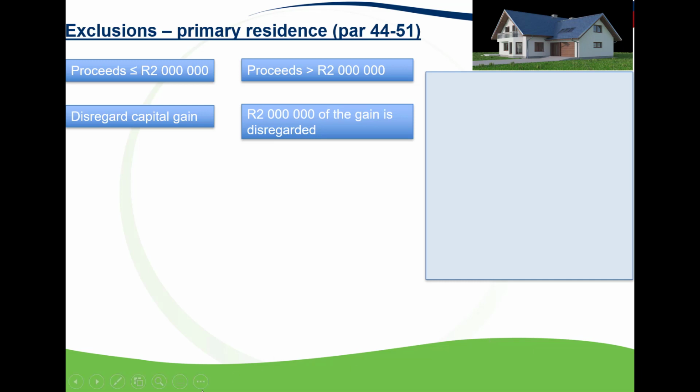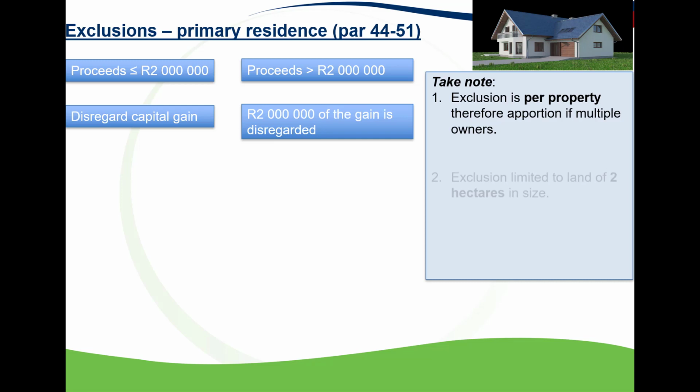The exclusion is per property, meaning if the residence is owned by, for example, spouses equally, they will each get an equal share of the disregarded portion. The land size that is excluded is limited to 2 hectares.